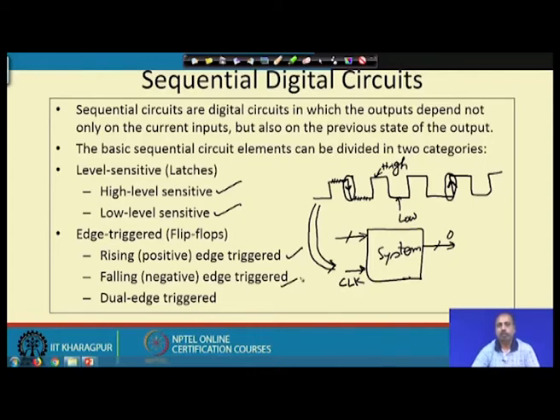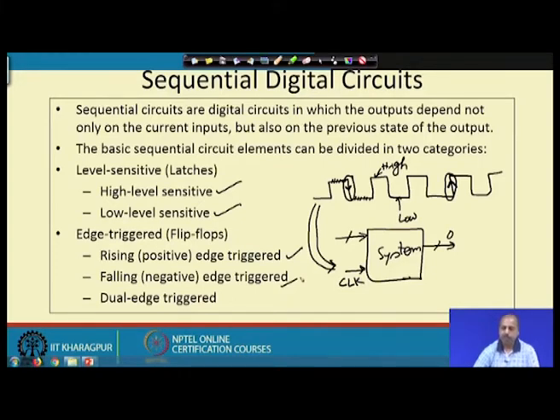Depending upon our requirements, we can design a system to be level sensitive or edge triggered, and between them also high level sensitive, low level sensitive, rising edge triggered, or falling edge triggered.